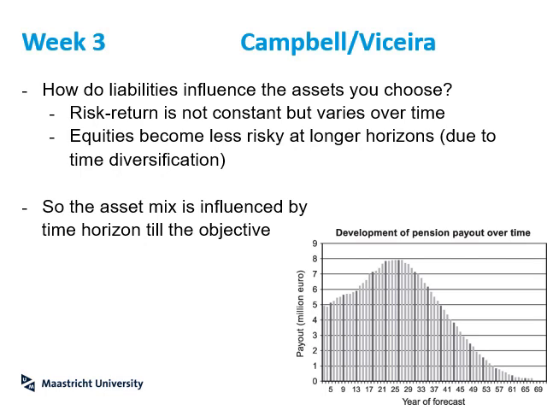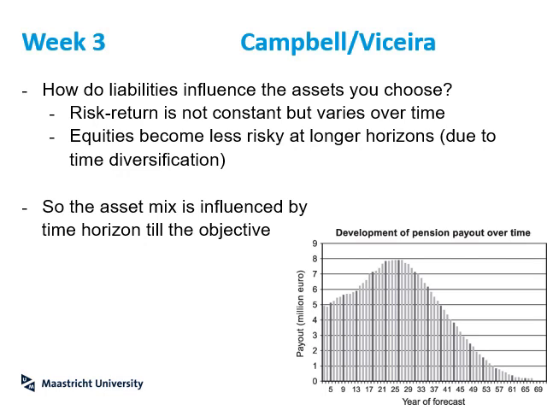So from Campbell and Viceira, we take that the asset mix that we choose is influenced by the time horizon we have until we have to reach our objective. And again, in our situation where we look at a pension fund as an example, I took this graph from the opening lecture, which shows you the liability profile of a random pension plan.